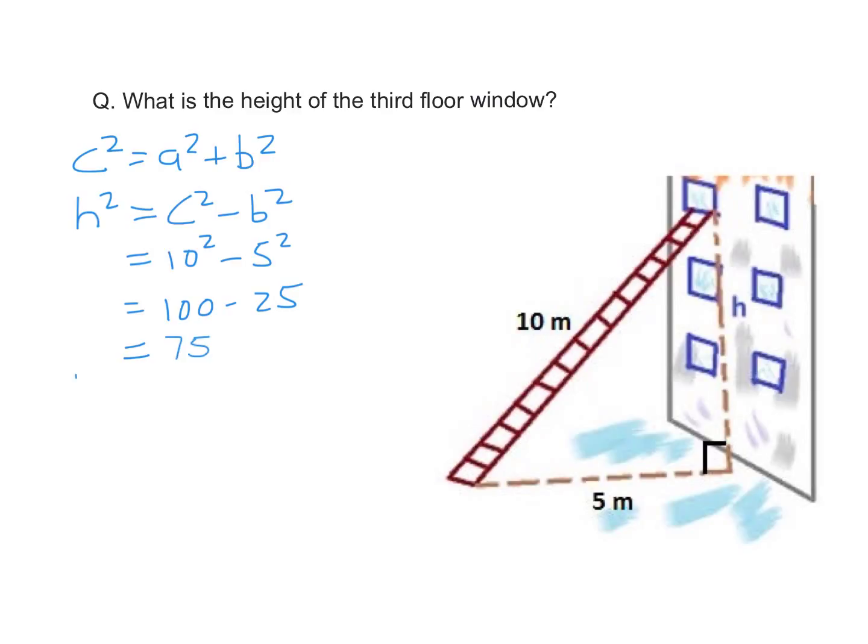And therefore h equals the square root of 75, and that equals 8.66 meters. Therefore the height of the building over here is actually going to be 8.66 meters, and that's to the 3rd floor.